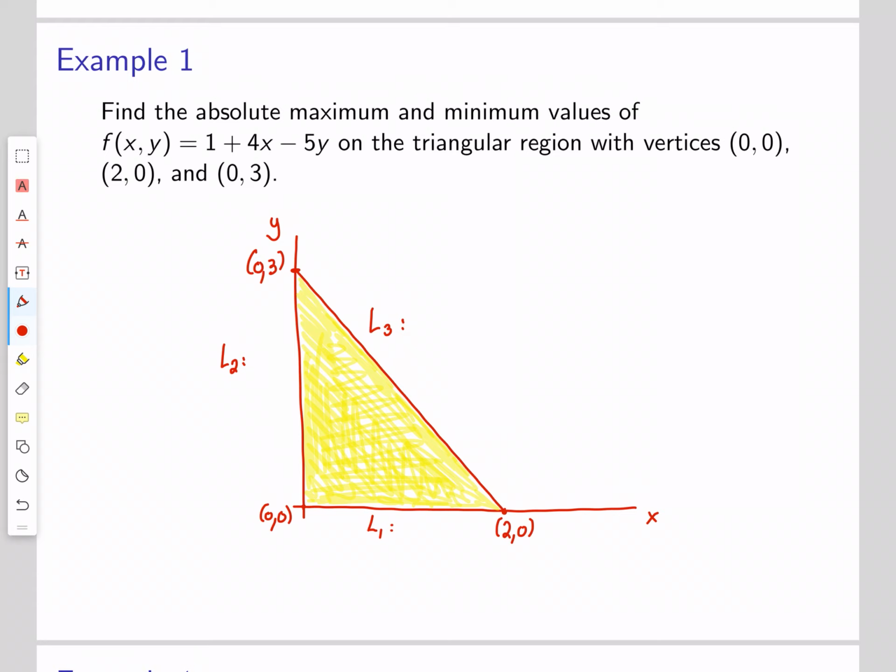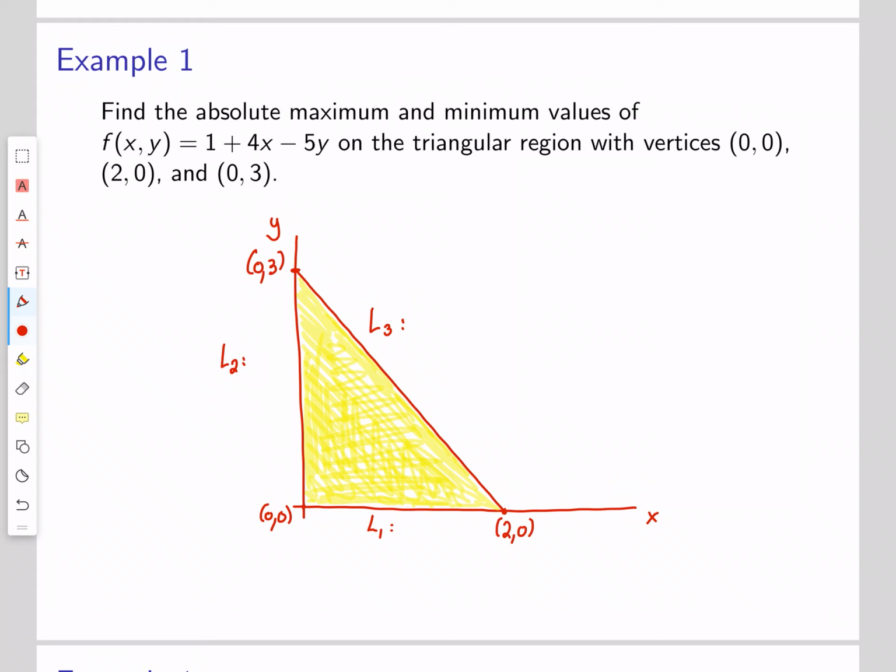The max and min values could occur on the interior, which is that yellow region, or they could occur on any of the three components of the boundary, and I have labeled them L1, L2, and L3. For L1, we need to put some equations to that.